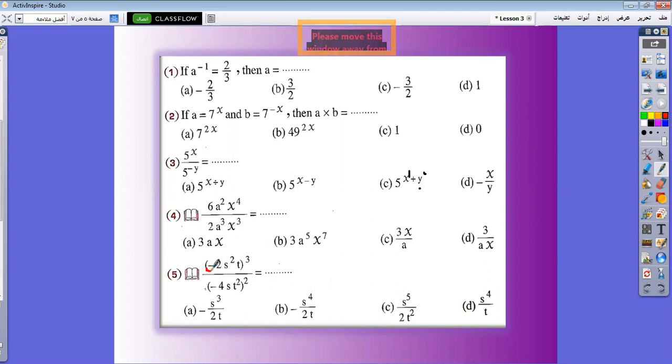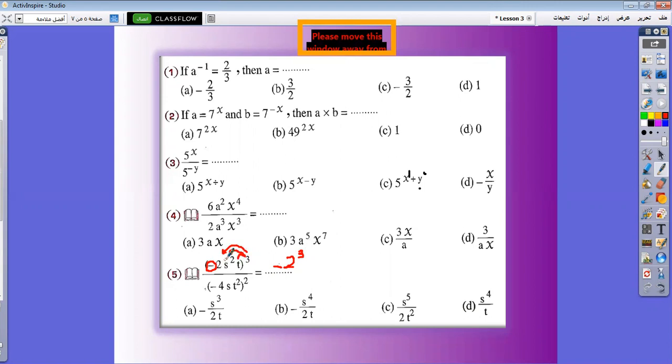Here you have your negative sign, power 3, so we will keep the negative because it is an odd number. 2 power 3 equals 8. So we will distribute it step by step. To distribute the power 3: first, second, third.